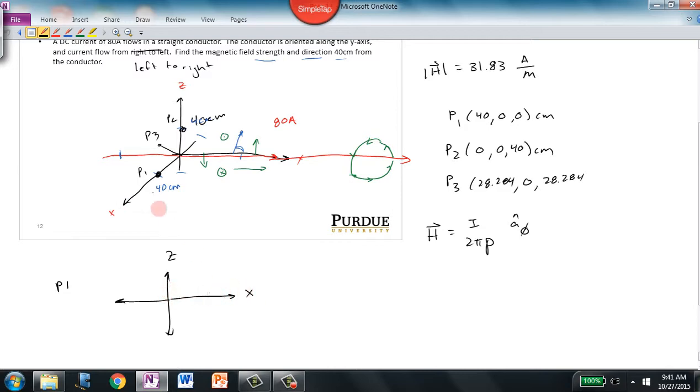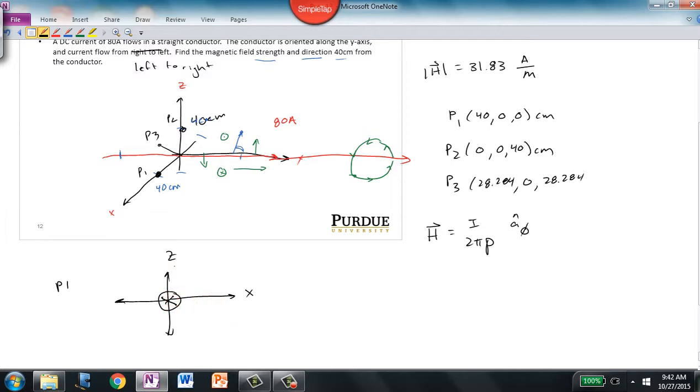If this is positive x, which is this axis here, and this is positive z, which is this axis here, we see that current is flowing that direction, which means in this diagram it's flowing into the screen, right? And hopefully you've seen this vector notation where an x means the vector is pointing into and a dot means the vector is pointing out.